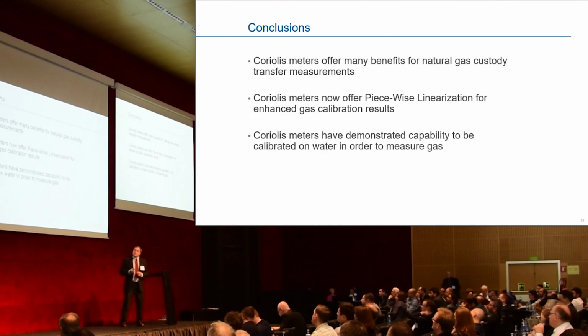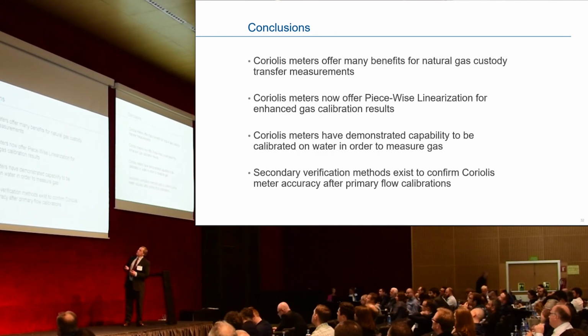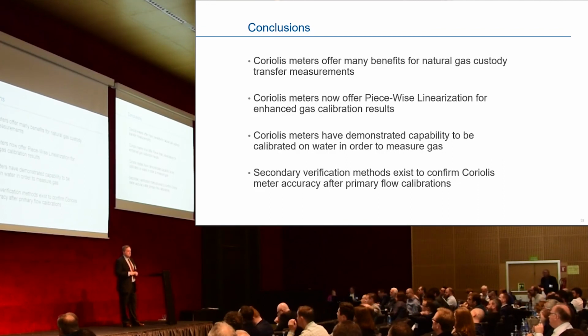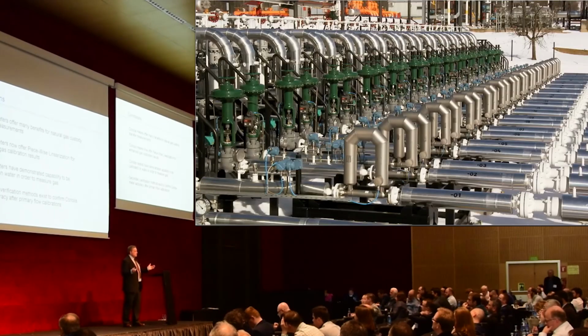The Coriolis meters also can measure secondary verification methods to confirm that the tubes are still unchanged after they've been in service for quite some time, which gives you added measurement confidence in between your calibrations, so that you don't have to worry about periodic calibrations being so close together anymore.